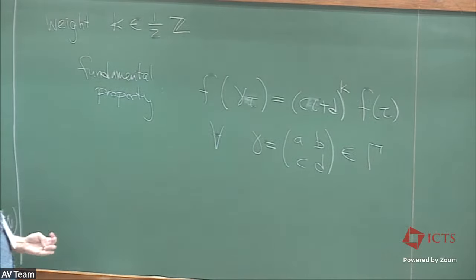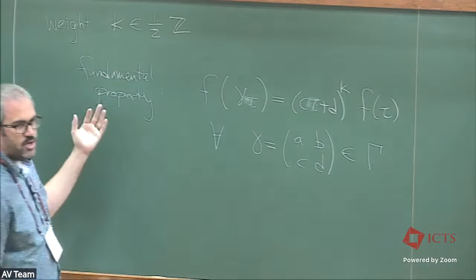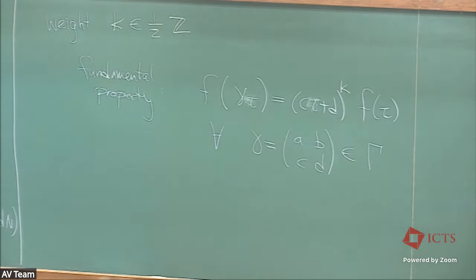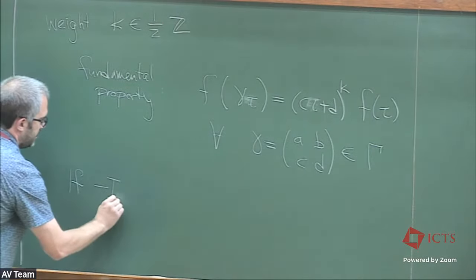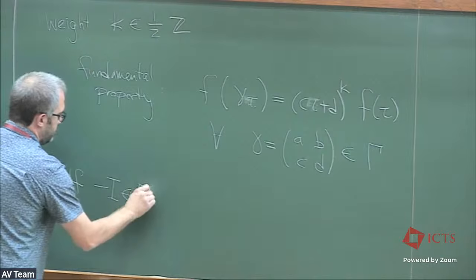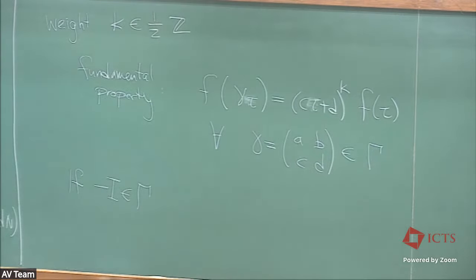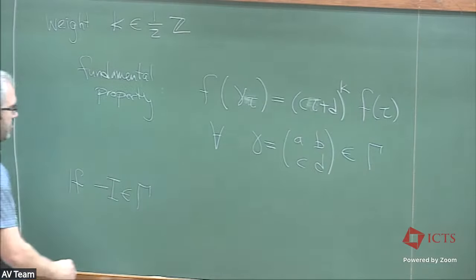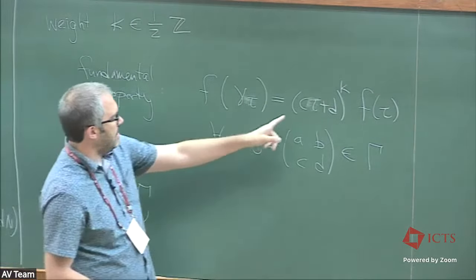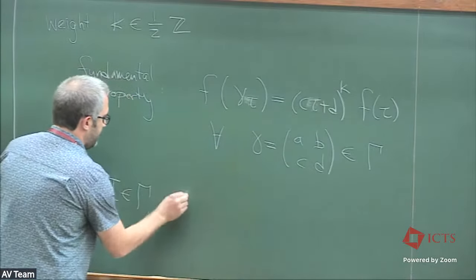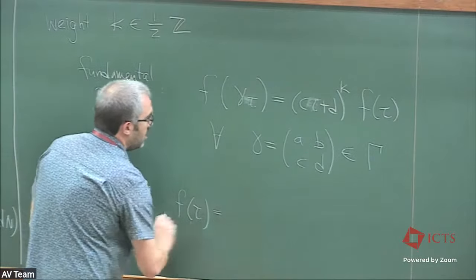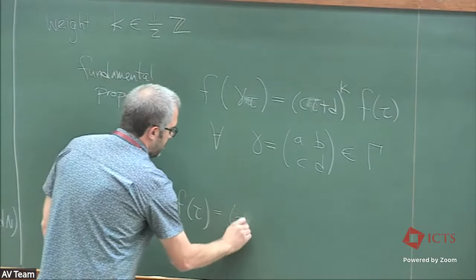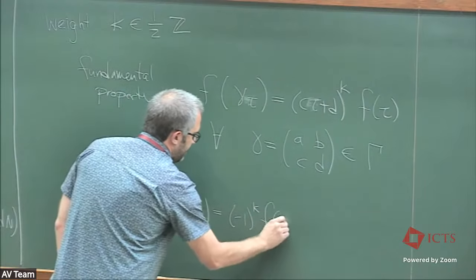But there's one picky frustration here that we might as well deal with right off the bat, which is that if minus the identity is in the group, which it certainly is every time we're looking at gamma 0 of n, then plugging in minus the identity, what you get is f of tau equals (minus 1) to the k times f of tau.